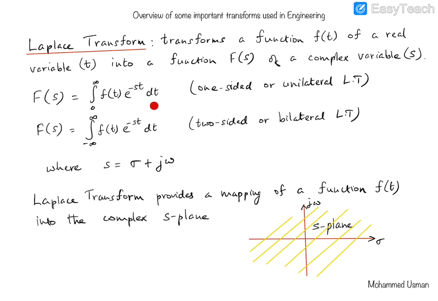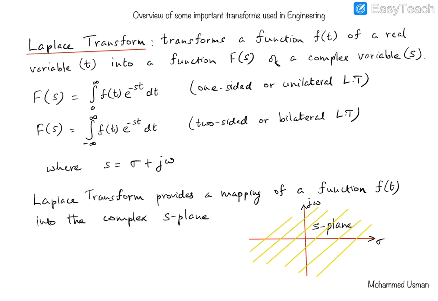Again, we can have this Laplace transform as single-sided or two-sided Laplace transform. So you can see from the limits of the integration. If you have it only on the positive side of the time, we call it the single-sided or unilateral Laplace transform. And if it covers the entire time from negative infinity to positive infinity, we call it the bilateral Laplace transform.